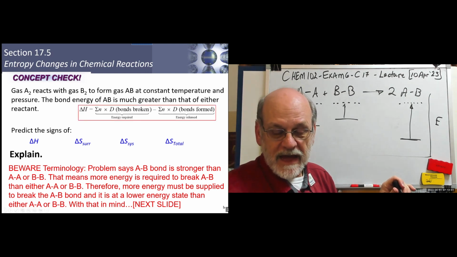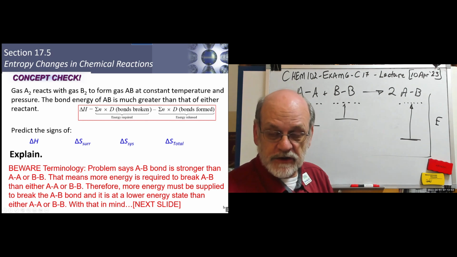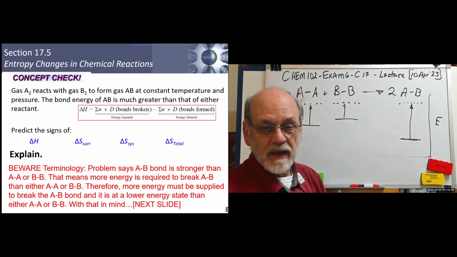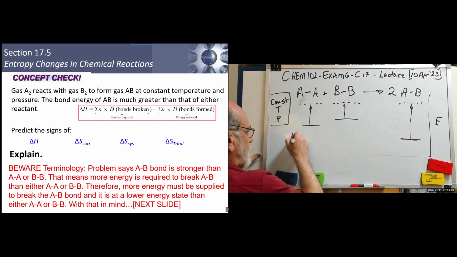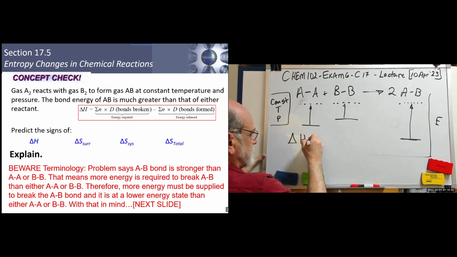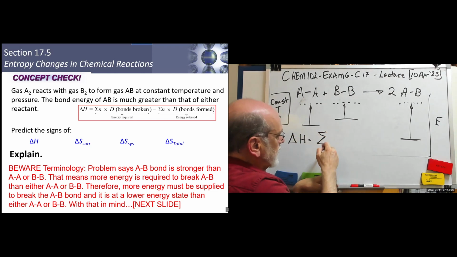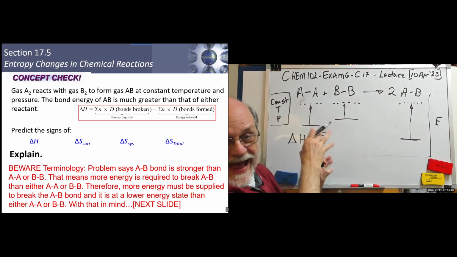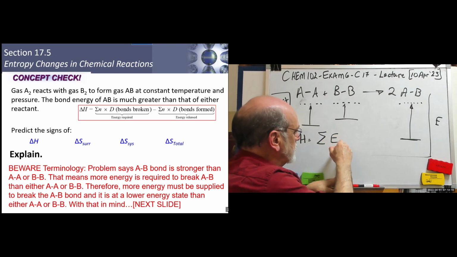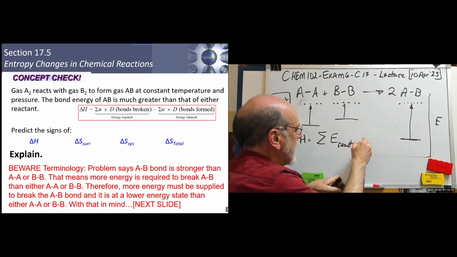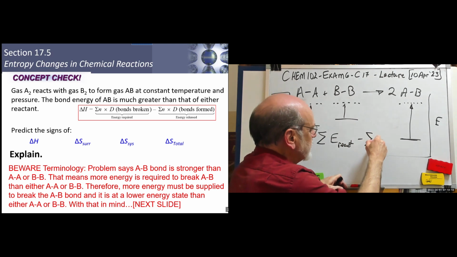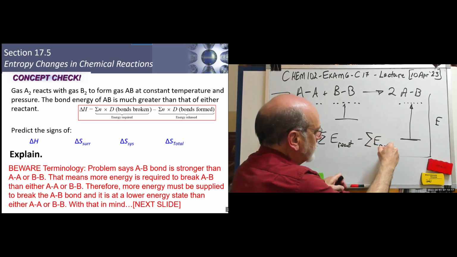And then when we use the formula to determine the enthalpy of the reaction, we want to sum up the energies of the reactants and subtract the energy of the products.